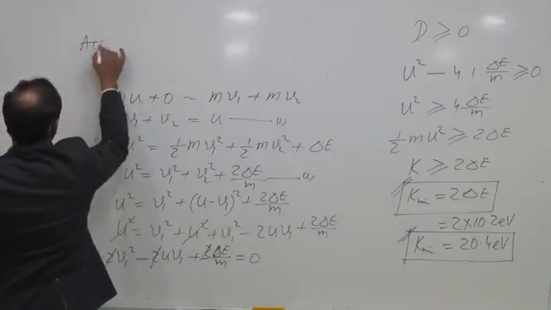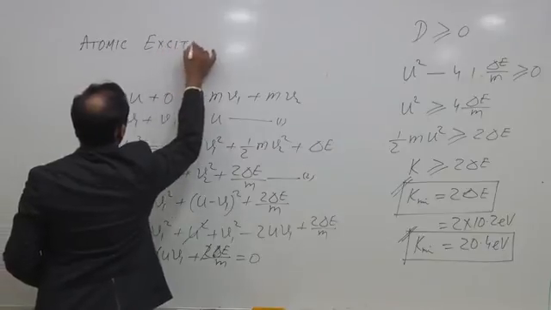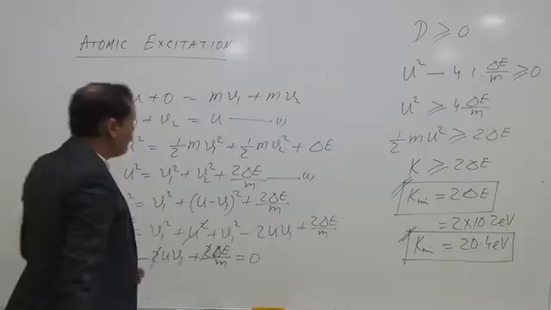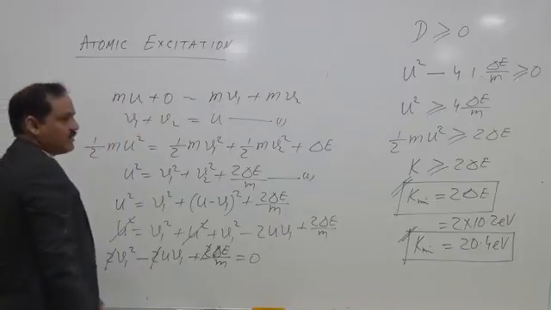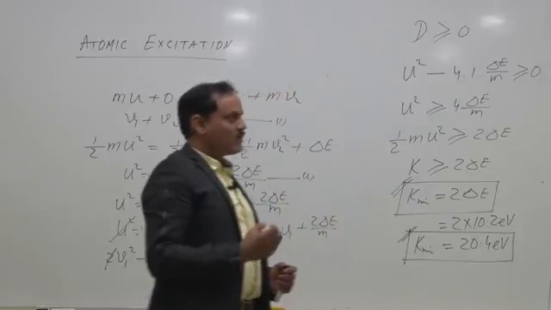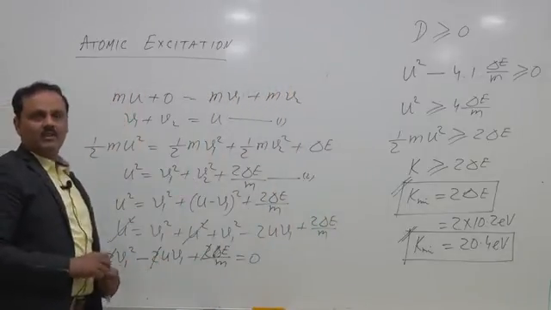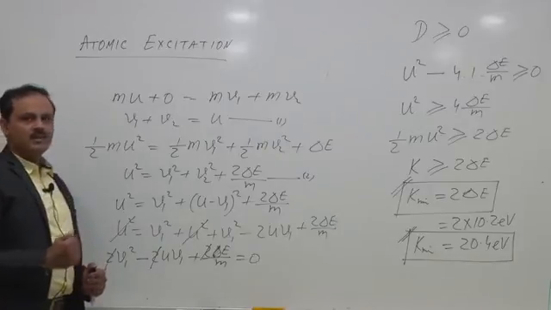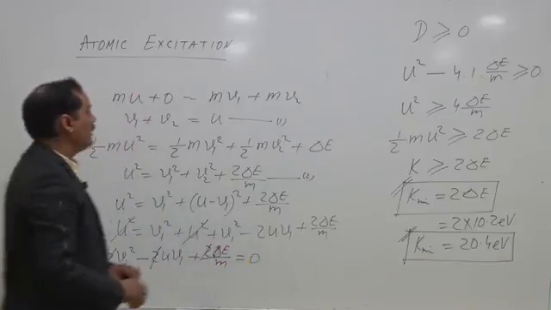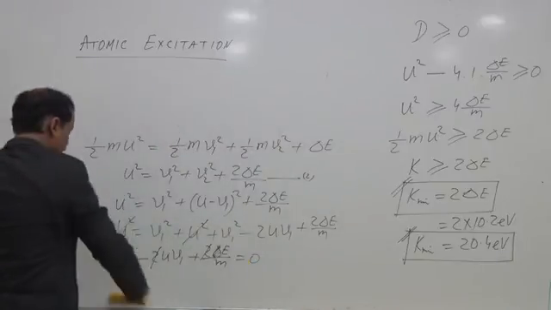Number one, by incidence of photons. When photons are incident, if the energy of the photon is sufficient, sufficient meaning equal to the energy gap, then the atom can get excited by absorbing that energy.